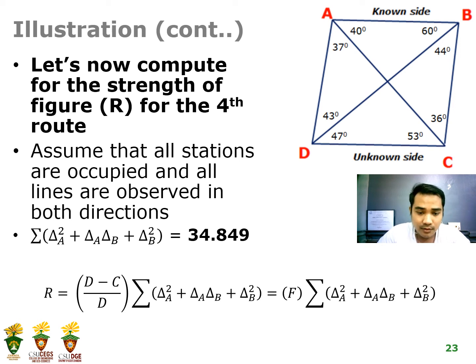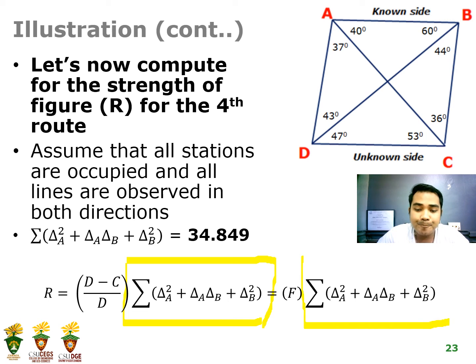R is equals to D minus C over D times the summation of change in A squared plus change in A times change in B plus change in B squared, or equal to F times this formula, which is F is equals to D minus C over D.